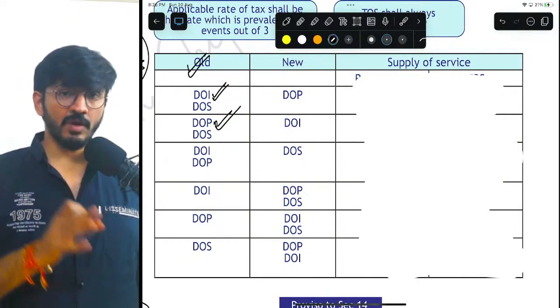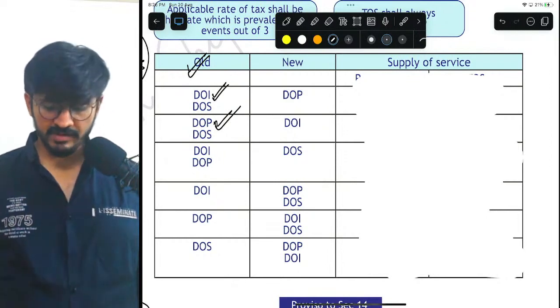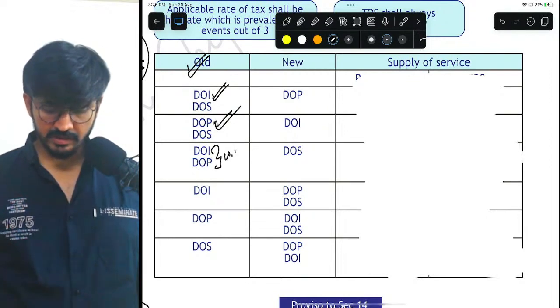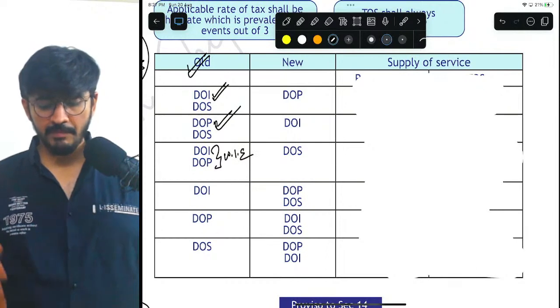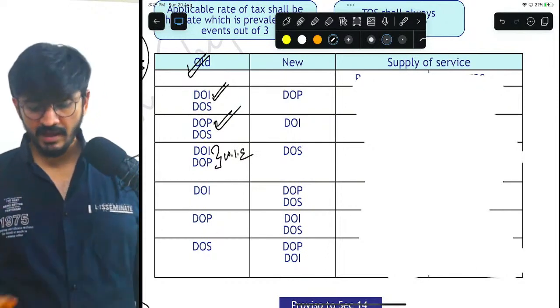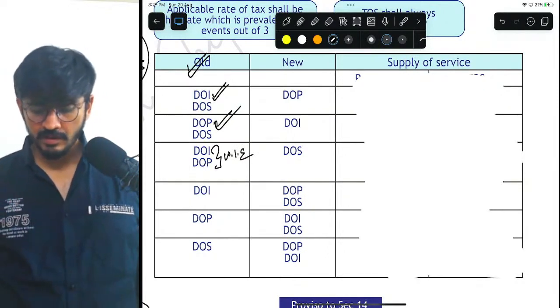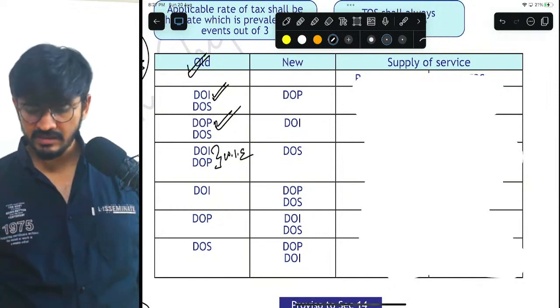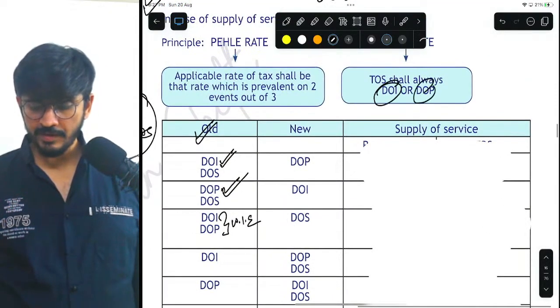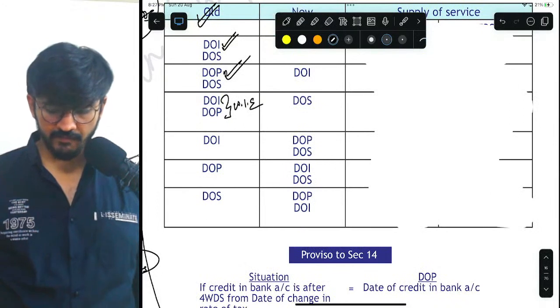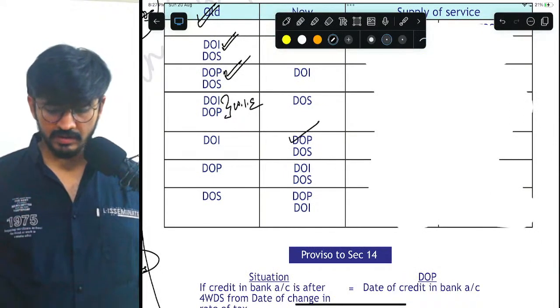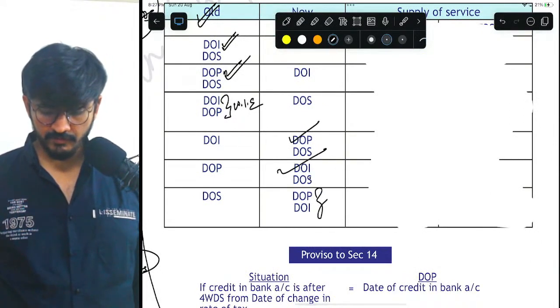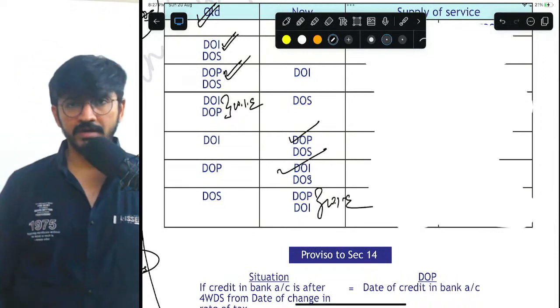But here we also have DOI and DOP, so we want both events; in that case, whichever is earlier. Now the same will happen in new. Understand, where are the majority events? New: DOS, DOP. The answer is either in DOI or DOP. So in this case, we will have DOP. Below, DOI, here whichever is earlier. Got it?